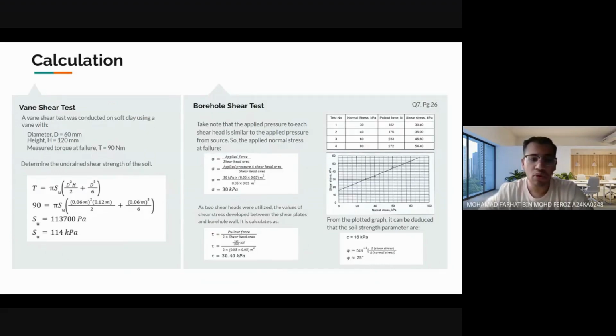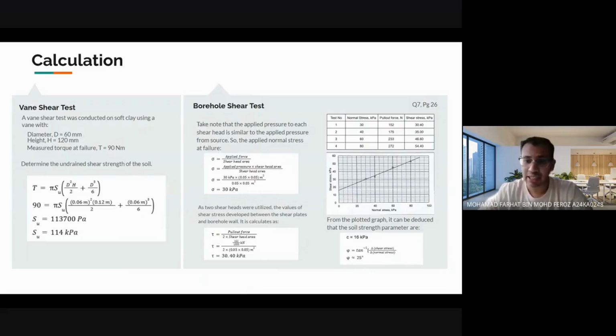We move to the borehole shear test. We need to take note that the applied pressure to each shear head is similar to the applied pressure from the source. So, the applied normal stress at failure can be calculated using the formula.